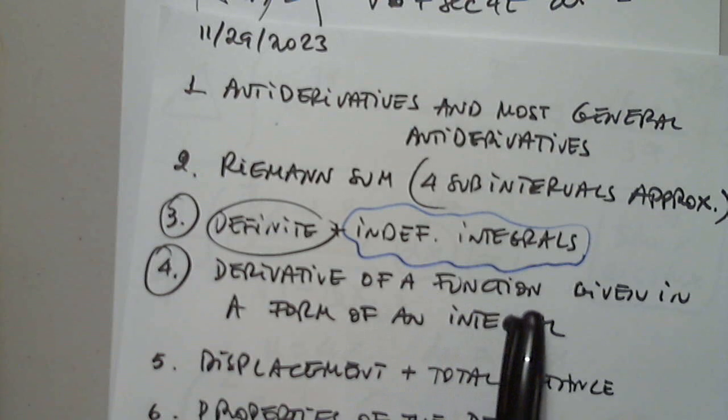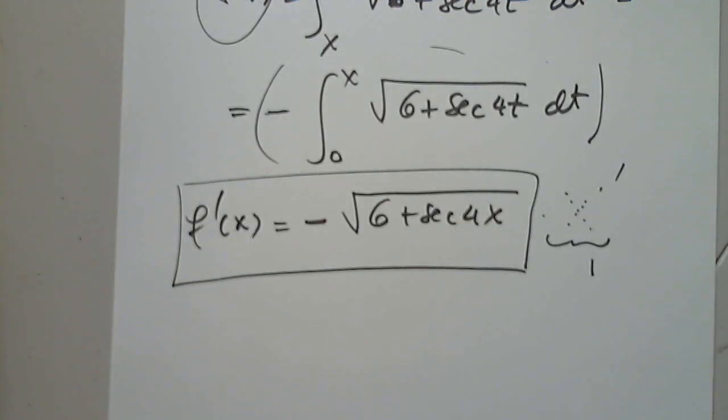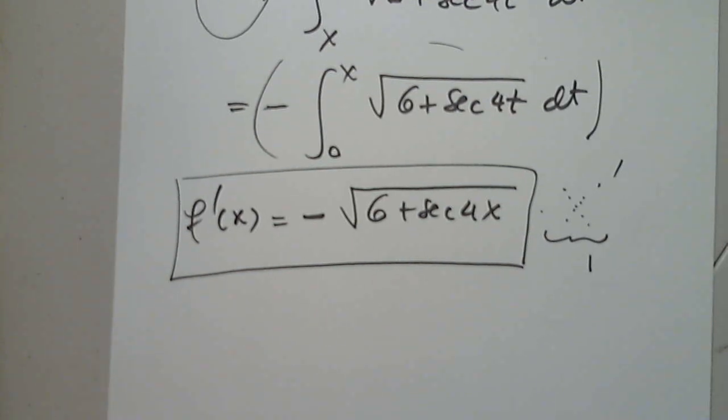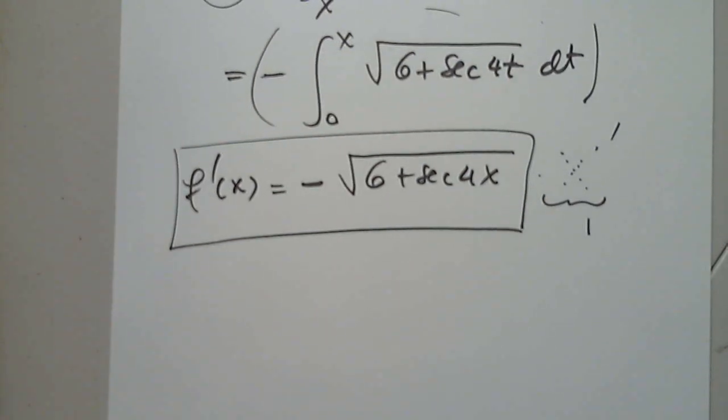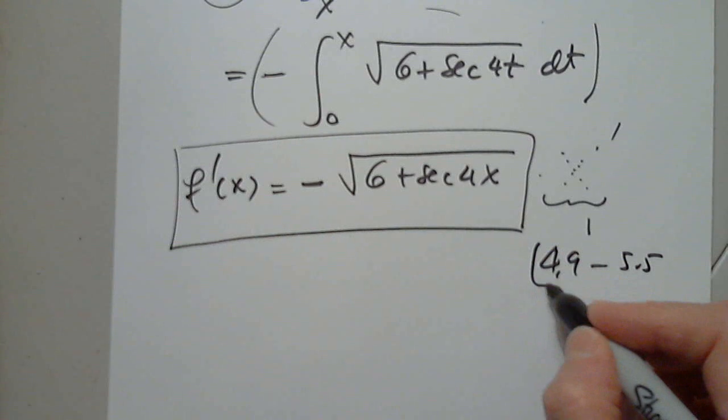Finding the derivative of a function given in the form of an integral. Should we choose another? Please remember to check all the written solutions for homework. They're all posted for 4.9 through 5.5.